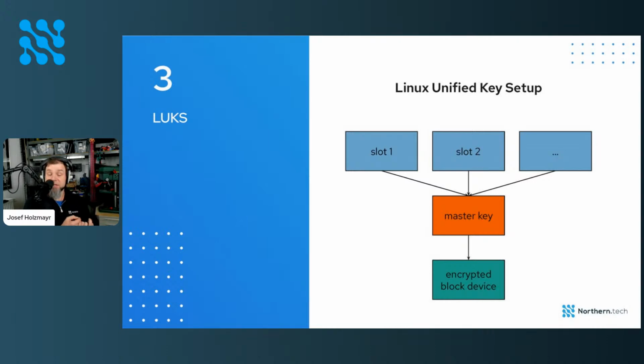You have to obviously make sure that all of these additional slots are really strongly protected too. But this has the really big benefit that you can have multiple of them without having to re-encrypt the full thing. Because imagine you have a really big block storage device, 10 gigabytes. You encrypt all of this.